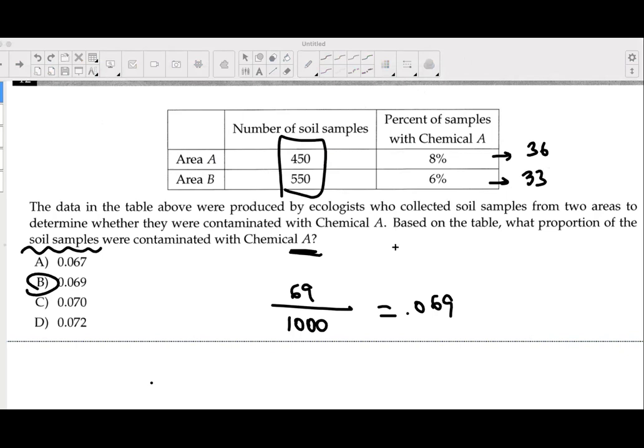Okay. I have a request for number 15. If you have any other questions, let me know, please. So I'm going to go over number 15 here.